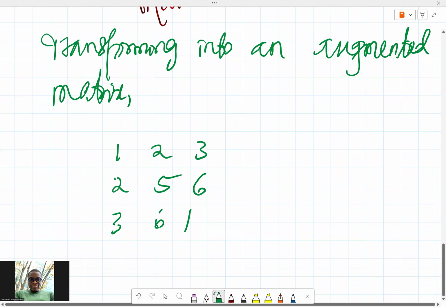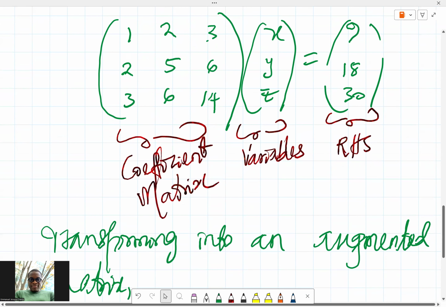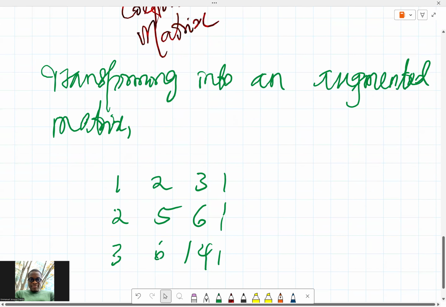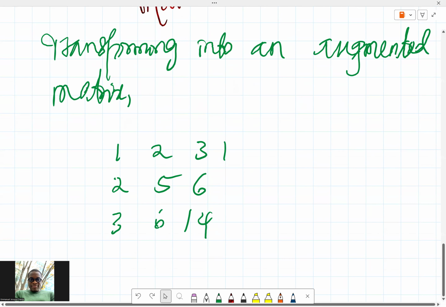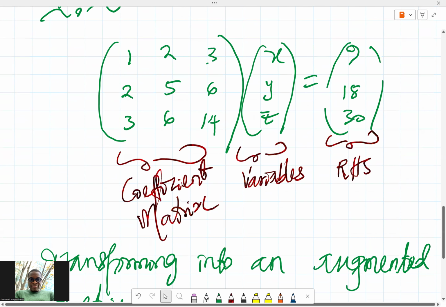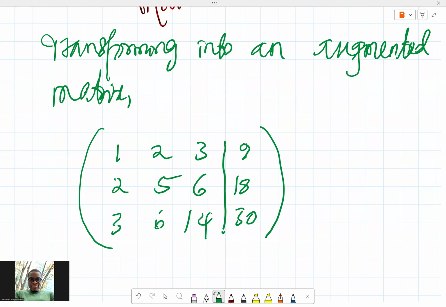Augmentation means we now put the right-hand side by the side, to make it into a 3 by 4 matrix. So we bring the right-hand side, 9, 18, 30. This is what is called the augmented matrix.